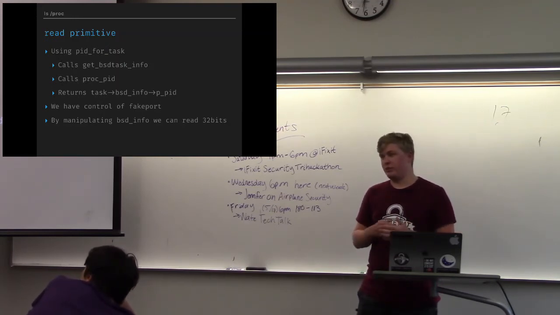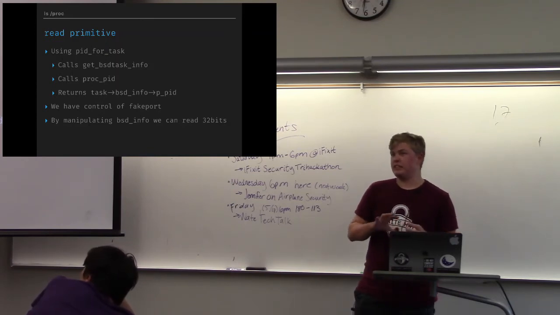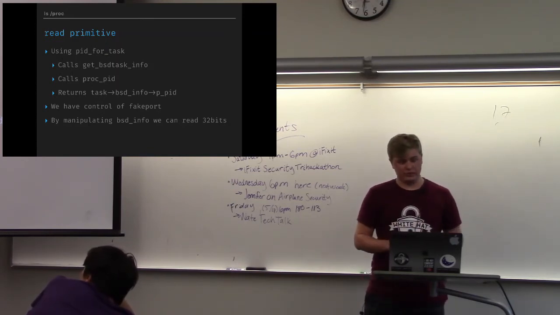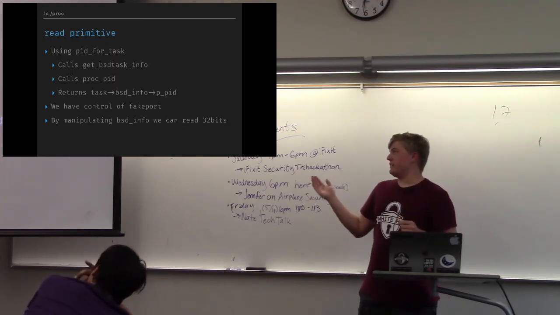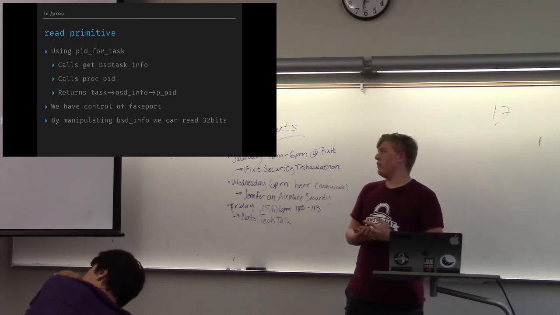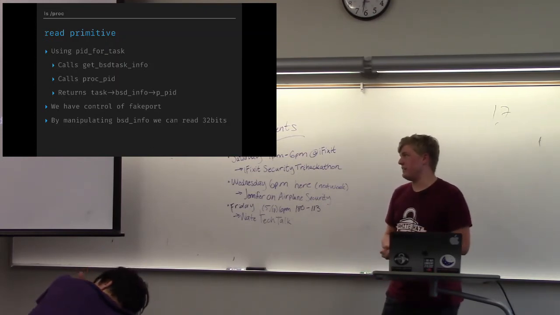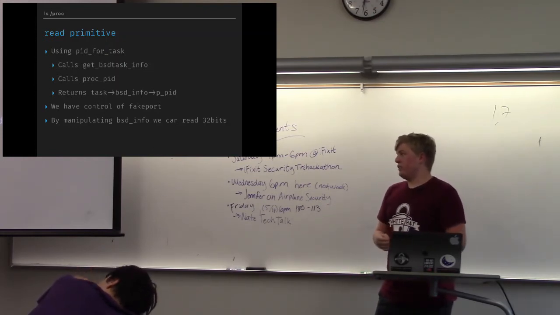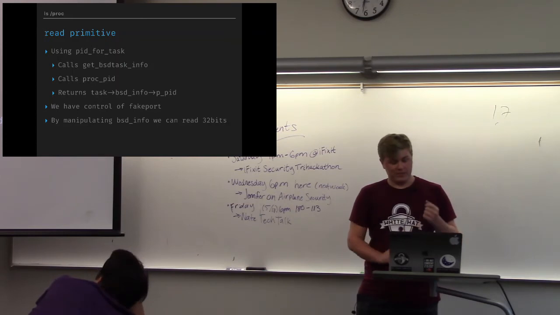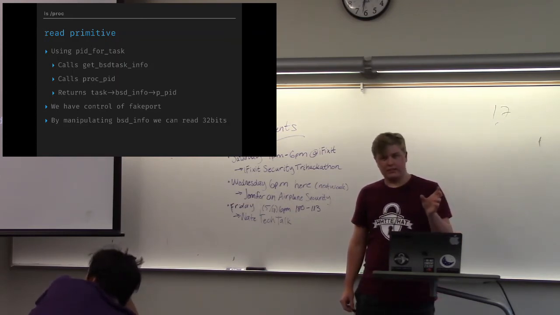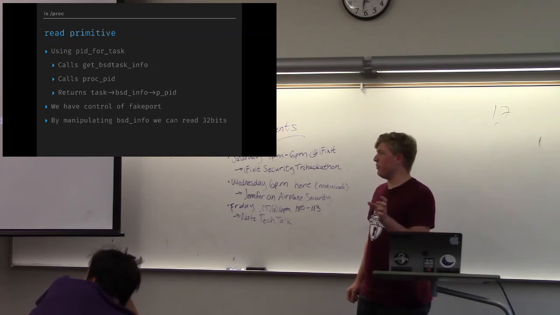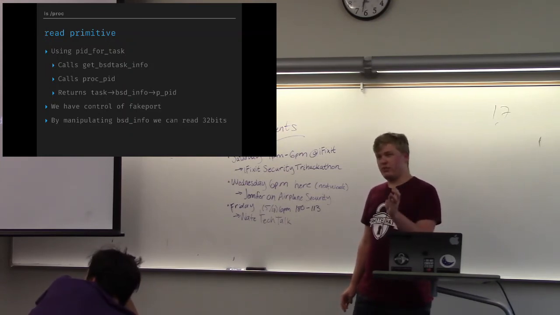And because we have control over FakePort, we can change what data it points to. So PidForTask will call the function getBSDTaskInfo, which will return a section of memory at the port that you gave it.